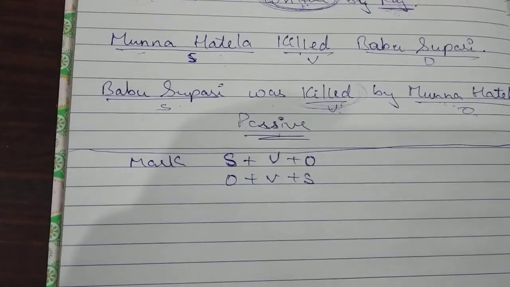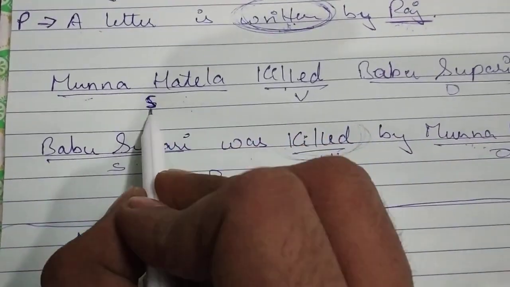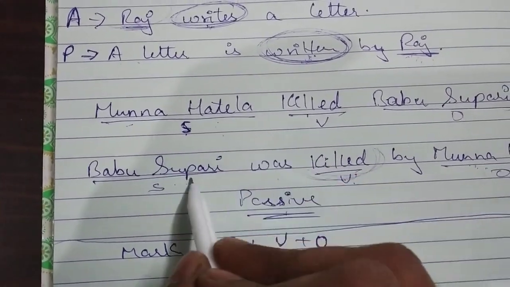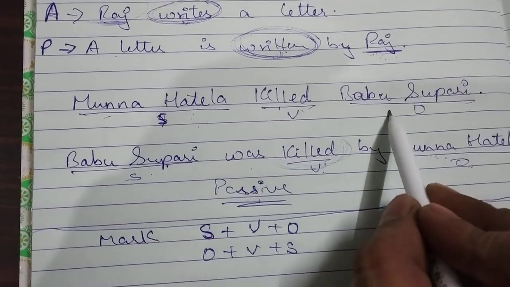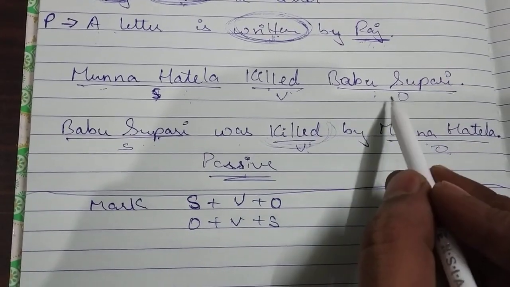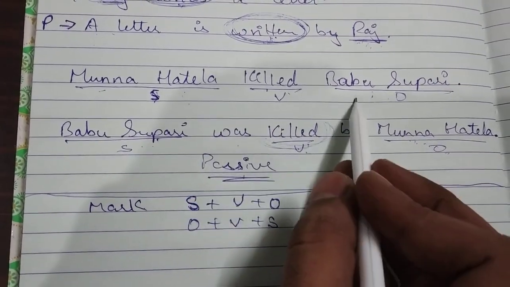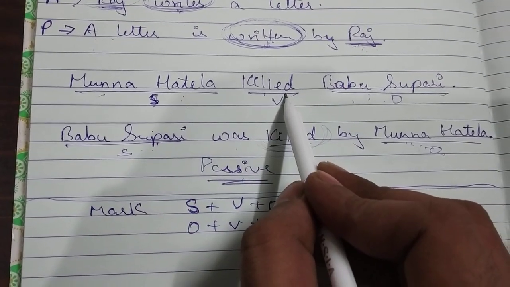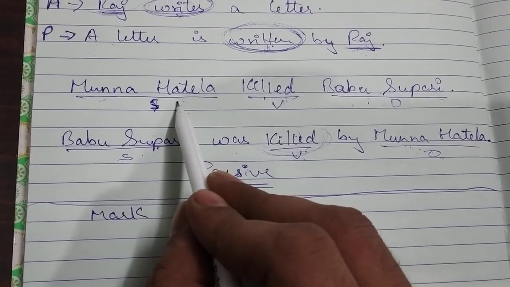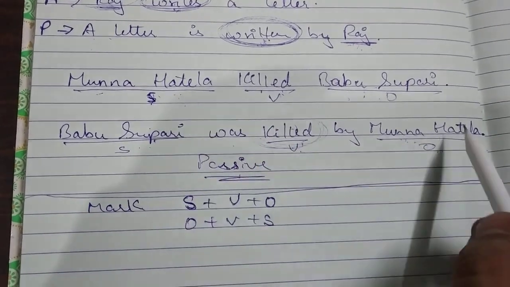What does this mean? See here, example. This is active voice, this is passive voice. Clear? Now see here, subject, verb, object. When I converted into passive voice, now see, the object goes over here. Babu Supari was the object, it came over here. Killed was the verb, it remains in between. Munna Hatela was the subject, it became the object over here.